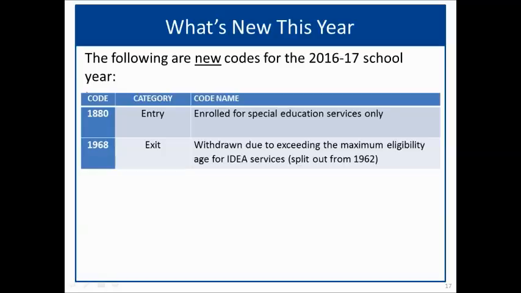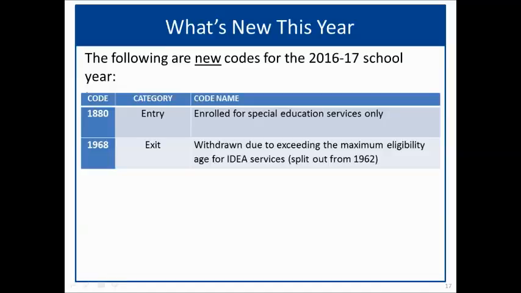And so what's new for this year? Not too much. There are two new codes that OSSE is implementing for the 16-17 school year. We have 1880, which is a new entry code, and that is a code that will be used for students who are enrolled in your LEA, one of your schools, to receive special education services only.